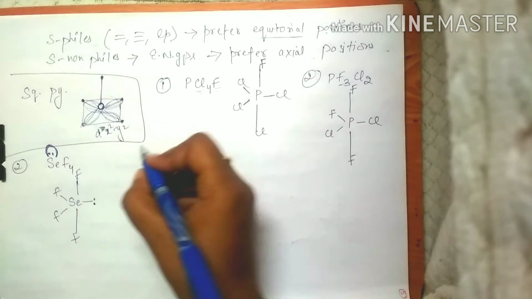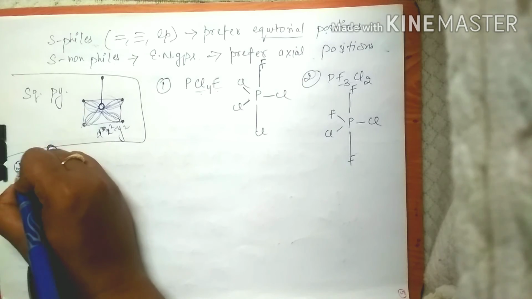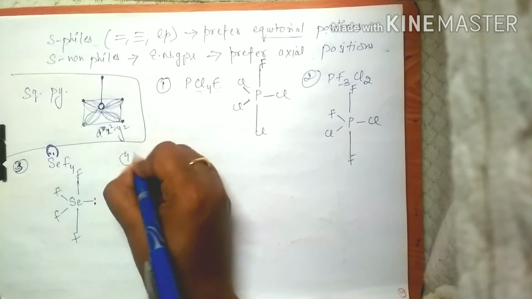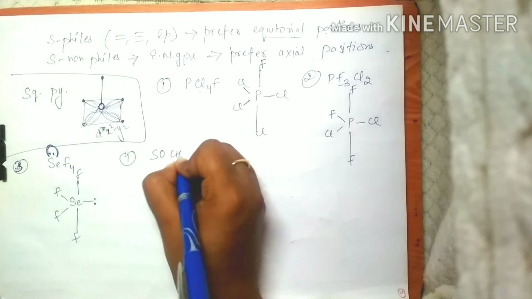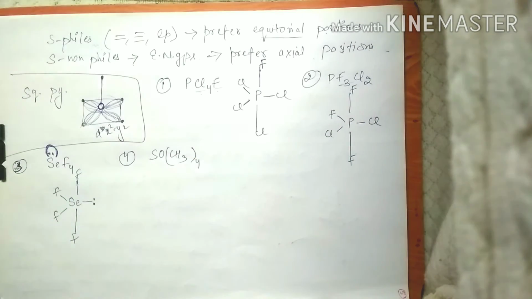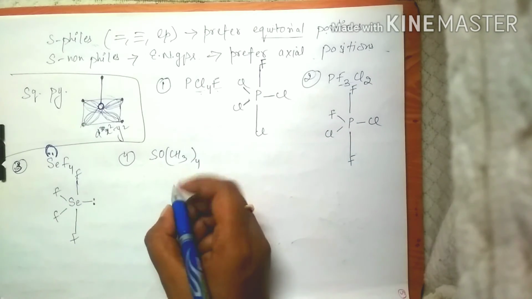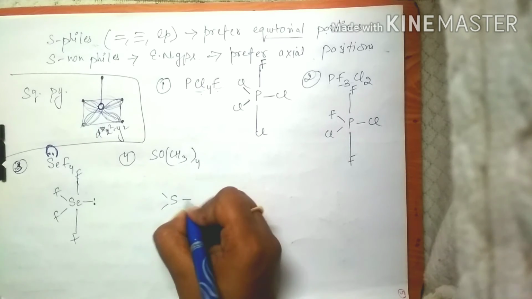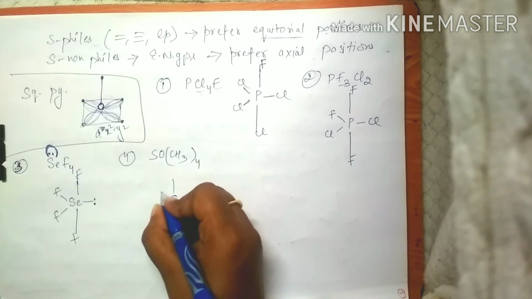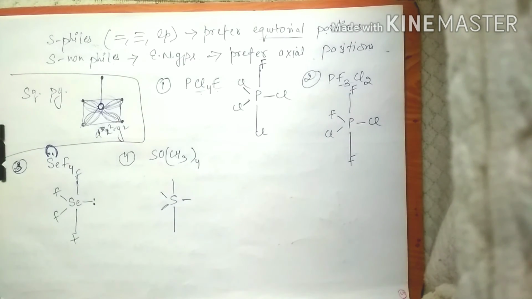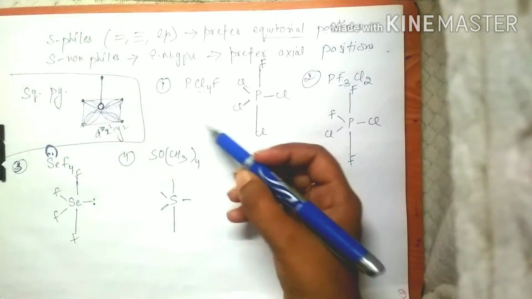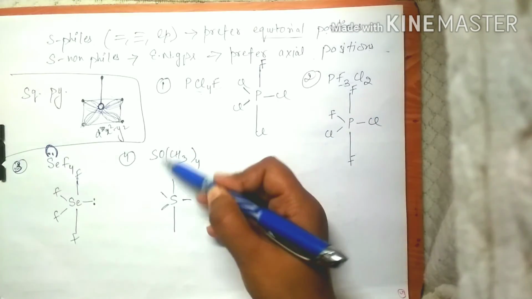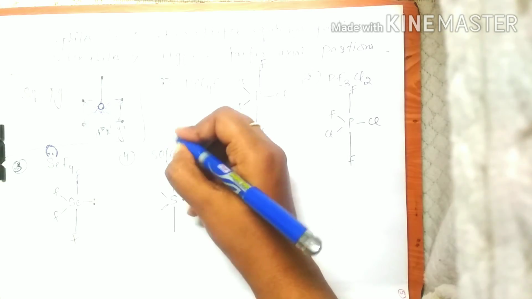Okay, now very important molecule, SOCH3. Now 5 positions will be like this. Now here your oxygen is bonded to sulfur as a double bond, right?